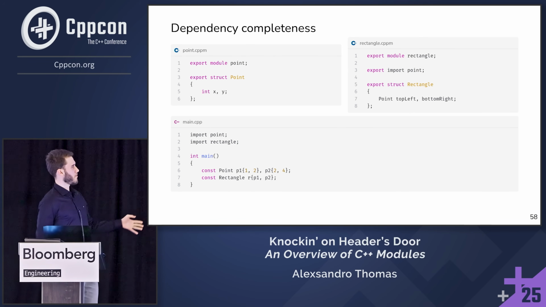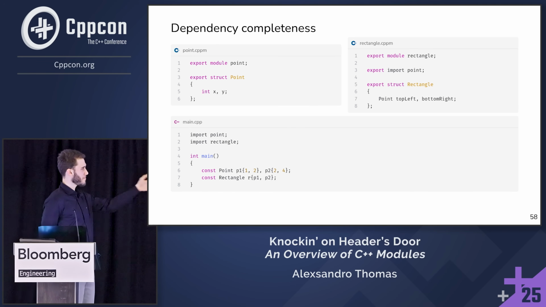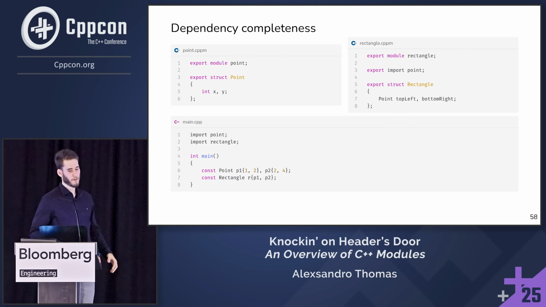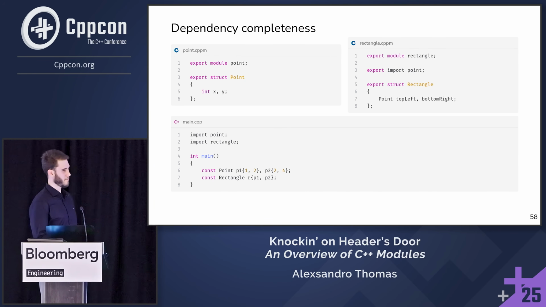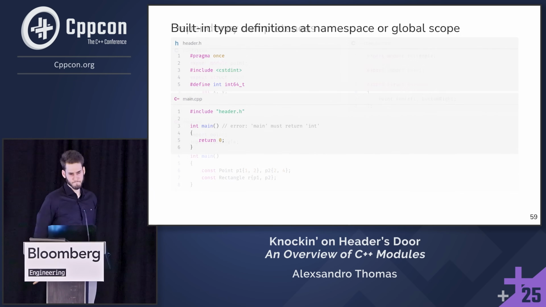You just export whatever you want to make available from the interface of your modules, and then it doesn't matter in your main.cpp if you will change the order. And also in your rectangle.cpp, if you forget to import point, whenever you're compiling that rectangle module, your compiler will tell you, there's something missing here. I don't have this definition, so you solve that problem of the import ordering mattering.